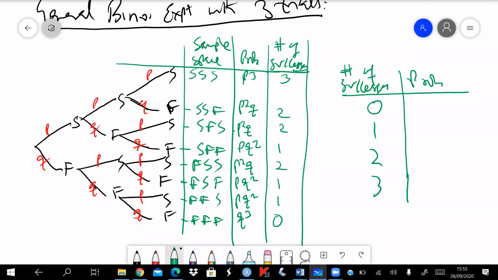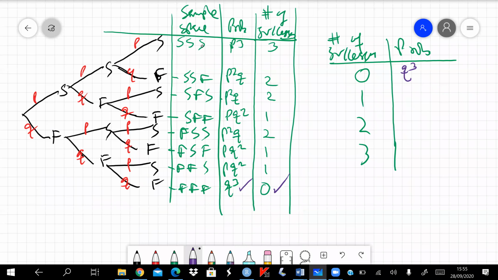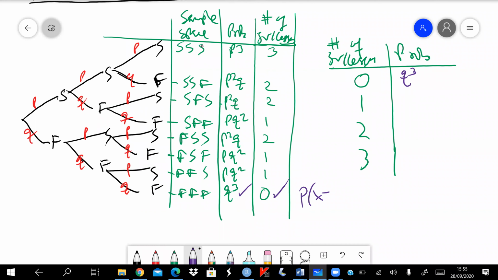Then probability, let's start with the probability of no success. That will be the last one. This is the probability, so this will be Q cubed. The probability of one success, that is the probability that X is equal to 1. So just check where X is equal to 1.